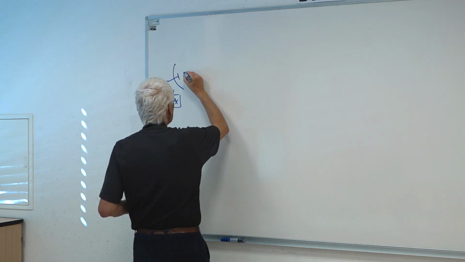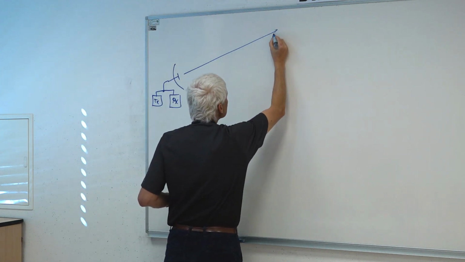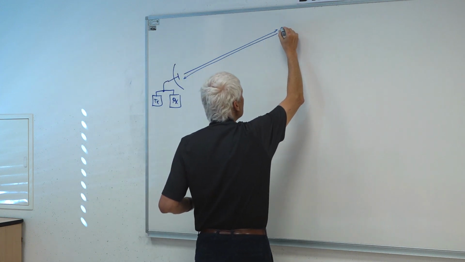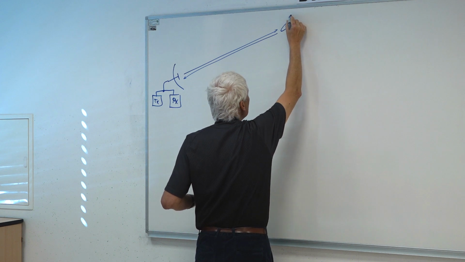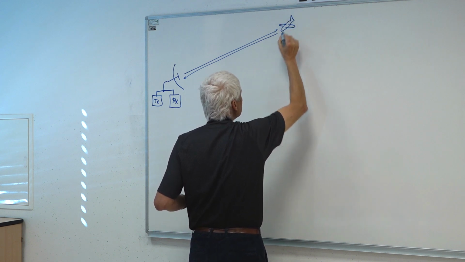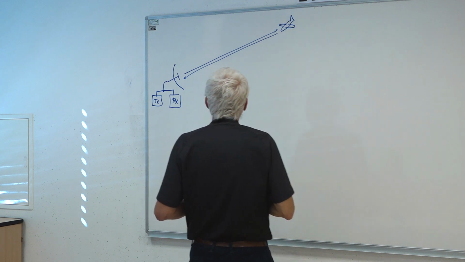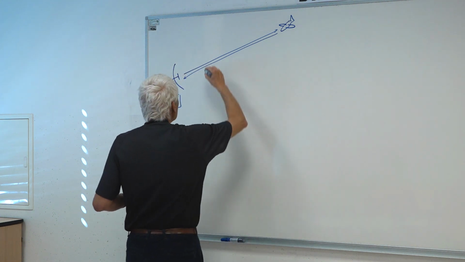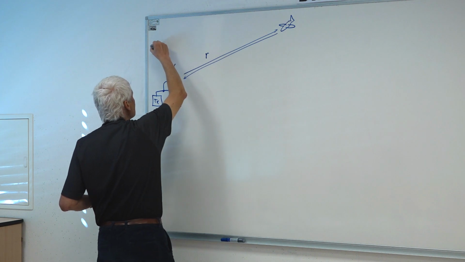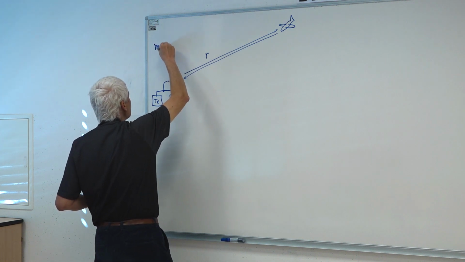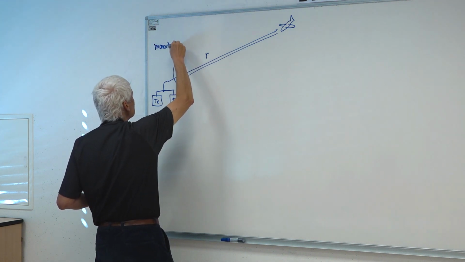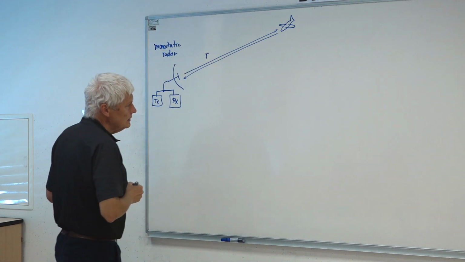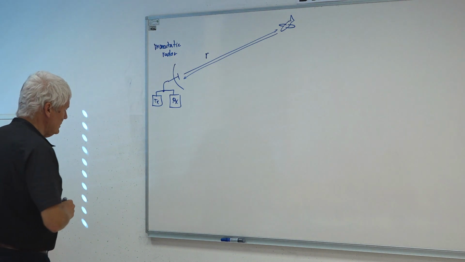And this one antenna transmits towards an aircraft that's supposed to be a non-cooperating target, and I receive the reflection back. So this is also called a monostatic radar, because both the transmitter and the receiver share the same location.